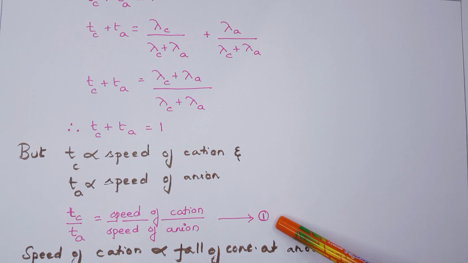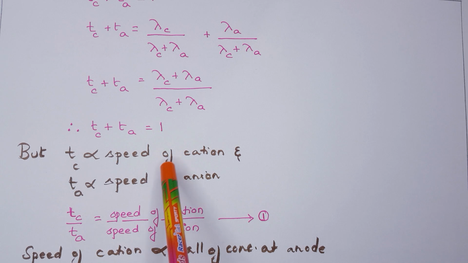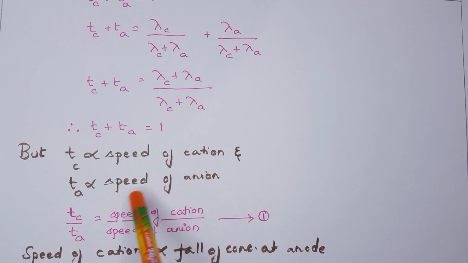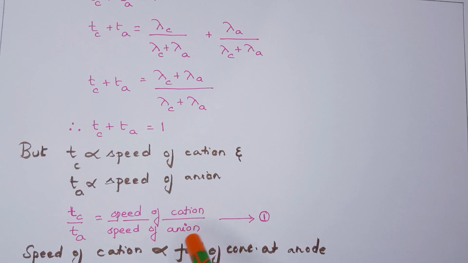So from this we can write Tc by Ta is equal to speed of cation by speed of anion. Mark this as equation number 1, students. From where did we get this? Tc is proportional to speed of cation and Ta is directly proportional to speed of anion, so Tc by Ta is equal to speed of cation by speed of anion.